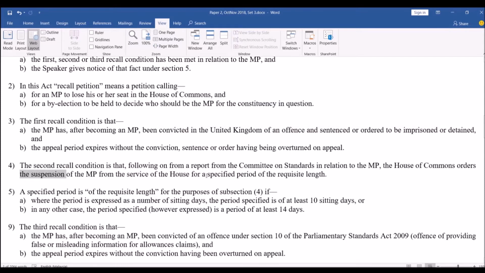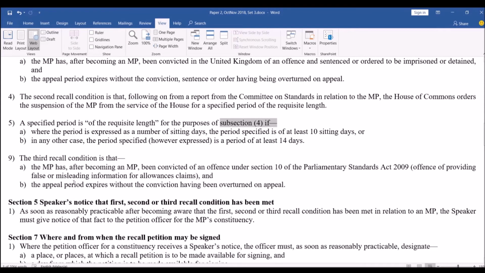Alright, suspension for a specific period of time, and also in sub 5 it did go into further detail regarding what is meant by of the requisite length for the purposes of subsection 4. Then the third condition concerns the offence of providing false or misleading information for allowances claims.